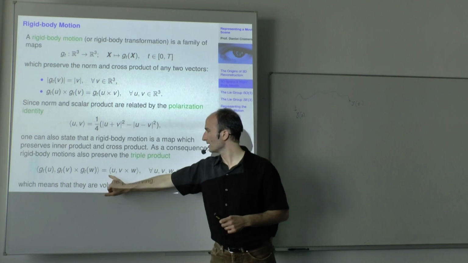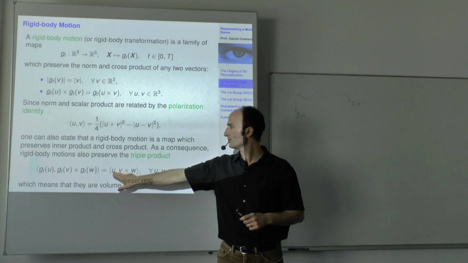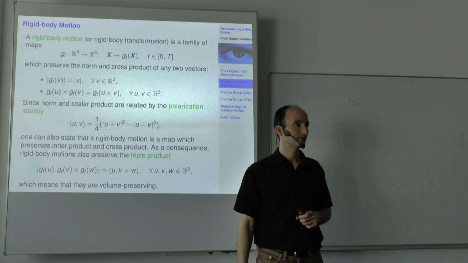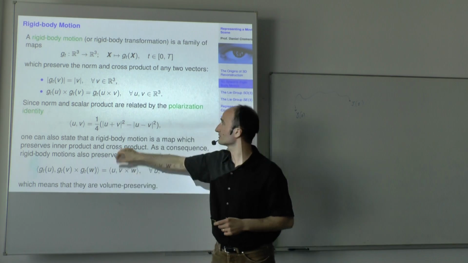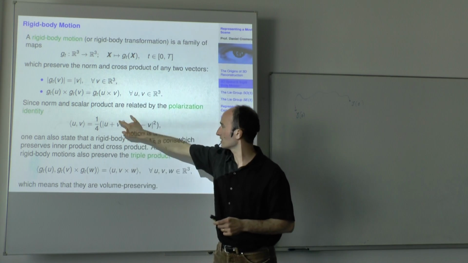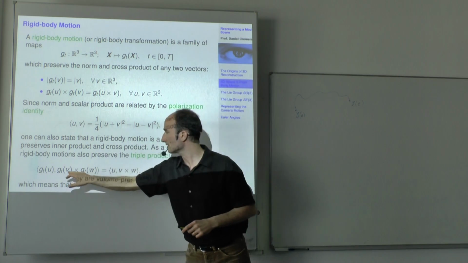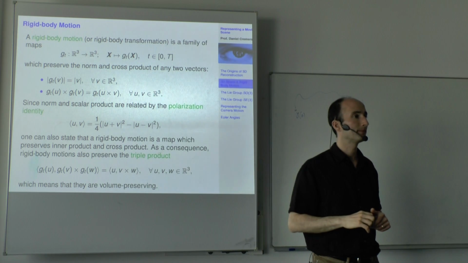It's this product with three vectors, u, v, and w. It is u scalar product with v cross w. And that is preserved because the cross product is preserved, and as we saw here, the scalar product is also preserved. So if I transform these three vectors and then do the triple product, it's the same.